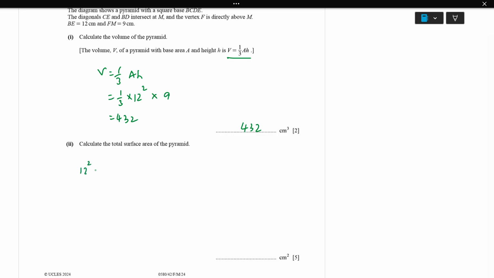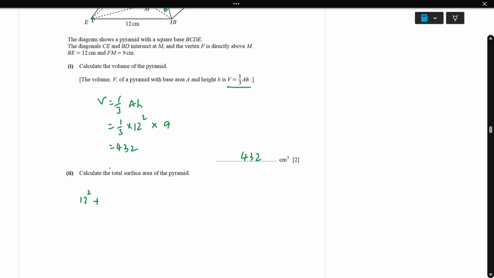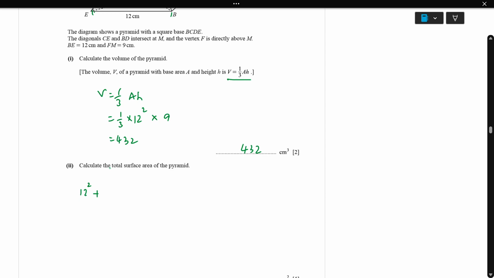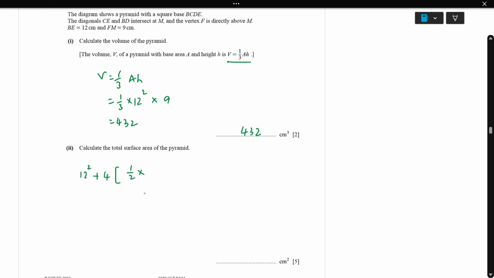So 12 squared plus, how many sides? There are 4 triangles, the 4 sides, so 4 times the area of one triangle, which is half times the base, which is 12, and the height we need to find using Pythagoras.